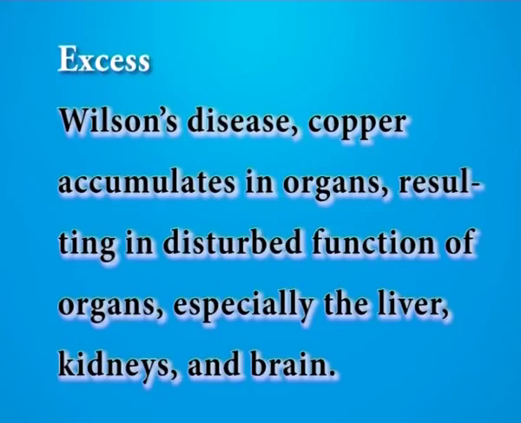Wilson's disease is a genetic disorder characterized by copper toxicity which results from mutations in the gene coding. In Wilson's disease, copper accumulates in organs resulting in disturbed function of organs, especially the liver, kidneys and brain.